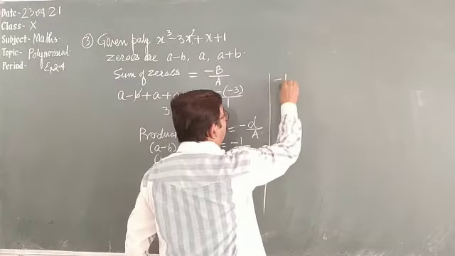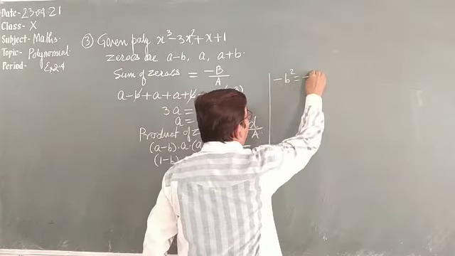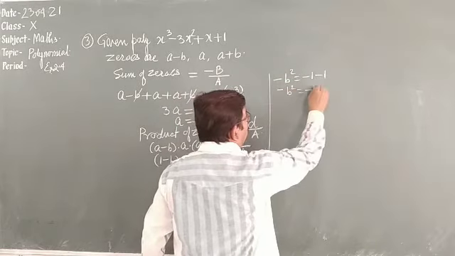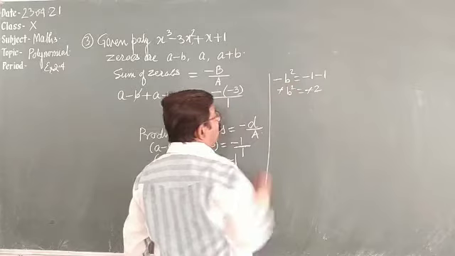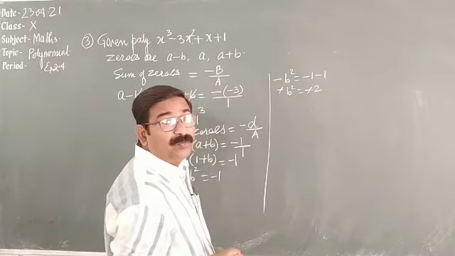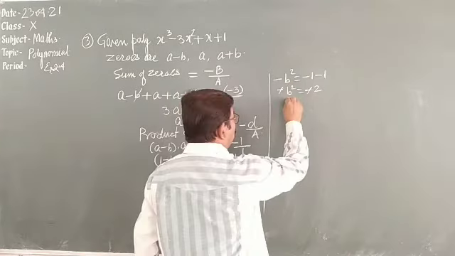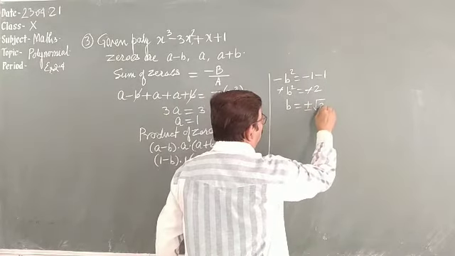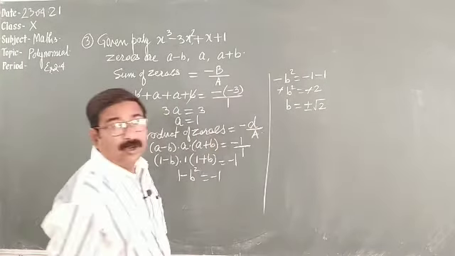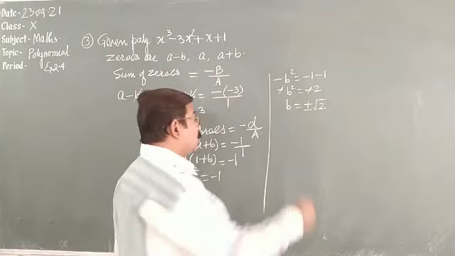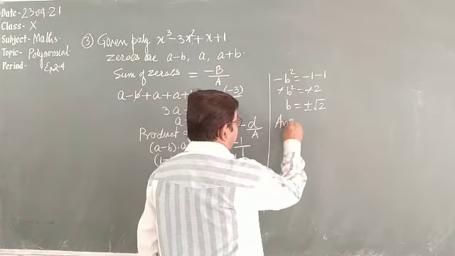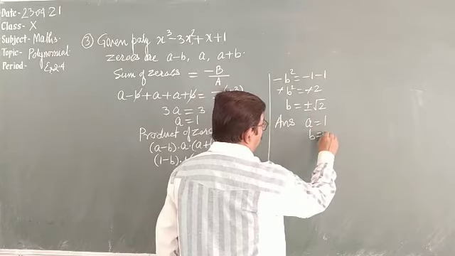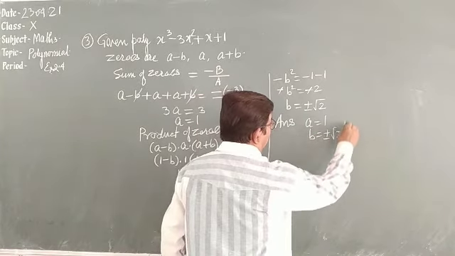We have minus b square is equal to minus 1 minus 1, minus b square is equal to minus 2. This will go. Now square root, we have to find the value of b. So b is equal to plus minus under root 2. Square root is always negative and positive. So the answer is a is equal to 1 and b is equal to plus minus under root 2.